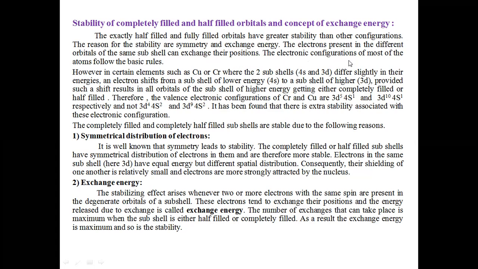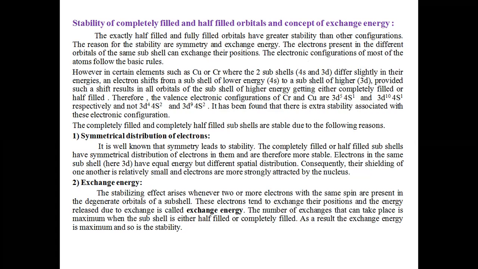The electronic configuration of most atoms follows the basic rules. For example, the electrons in the p subshell, in the px, py, pz orbitals, can exchange their positions, and the electronic configuration of the atoms follows certain basic rules.